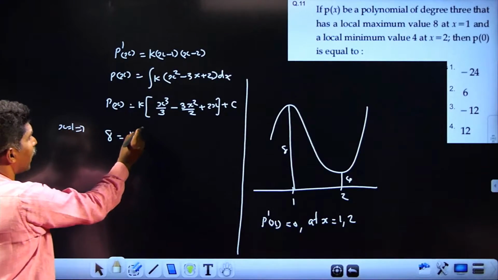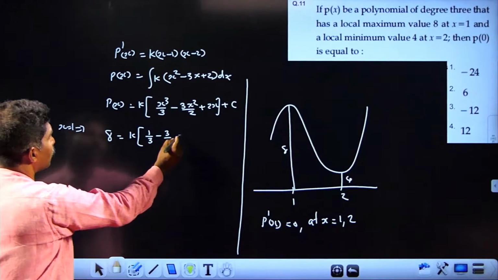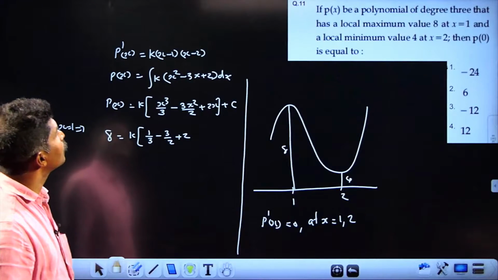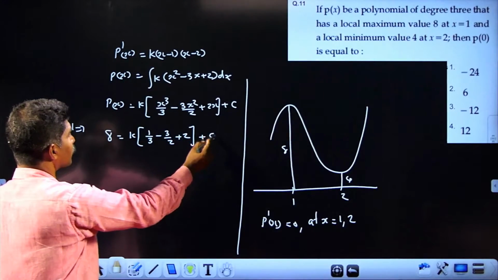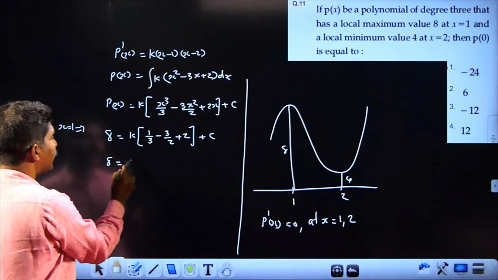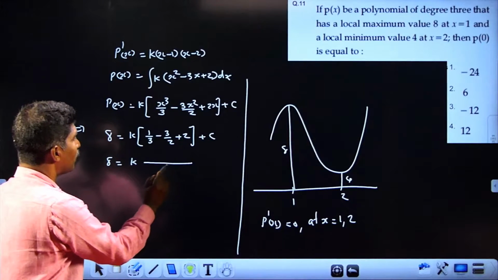8 is equal to k into (1/3 minus 3/2 plus 2) plus C. On simplifying, what you will get? 8 is equal to k into, what's the common denominator? 6.